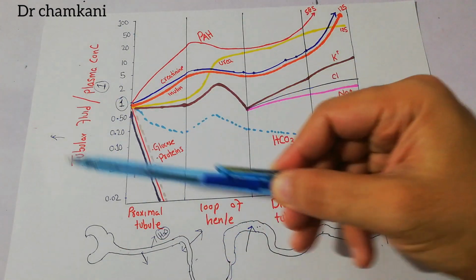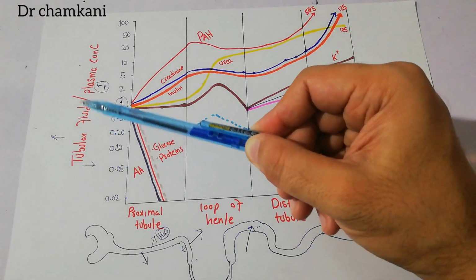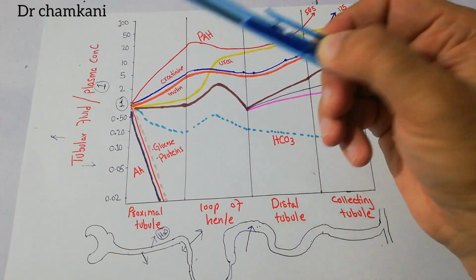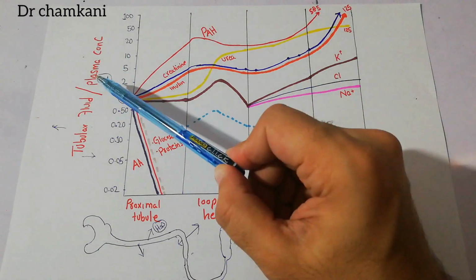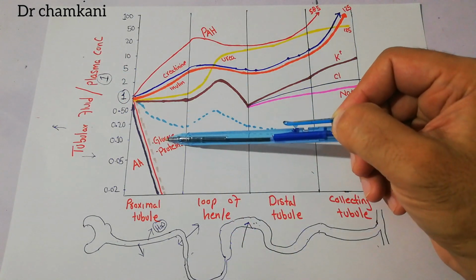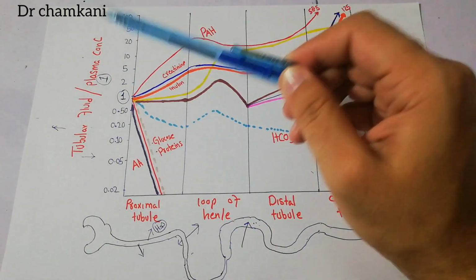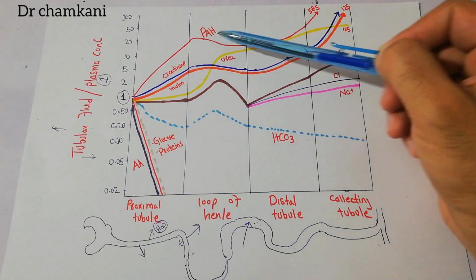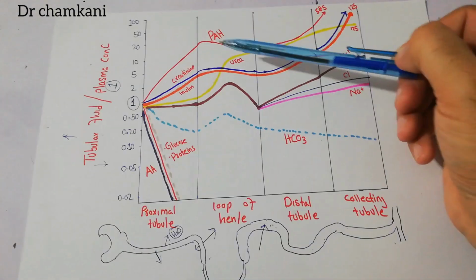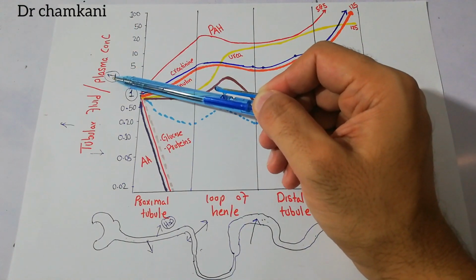So for this figure, we take into account that the concentration of a particular solute in plasma remains the same. It remains constant. So we assume that the concentration of glucose, for example, remains the same in plasma. For example, it remains 1. Or we assume that the concentration of urea in the plasma remains the same, for example 1.